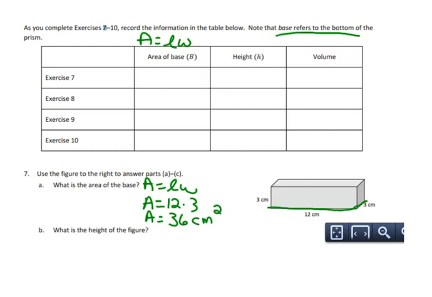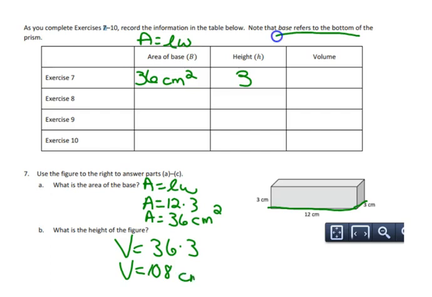So area of the base, 36 centimeters squared. My height is 3. So what is the volume? 36 times 3, because we already did our LW. 108 centimeters cubed.